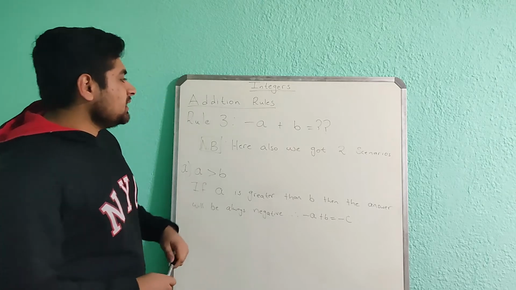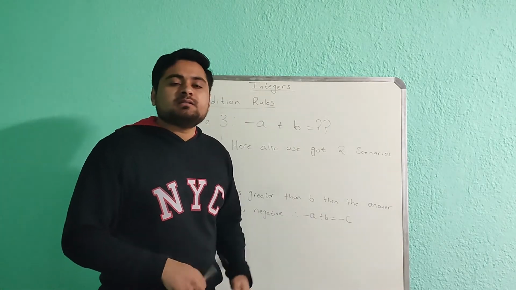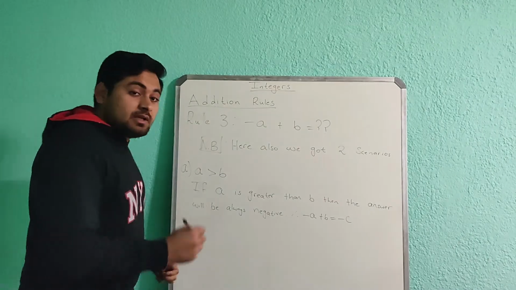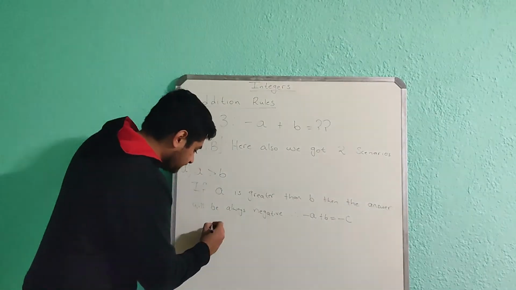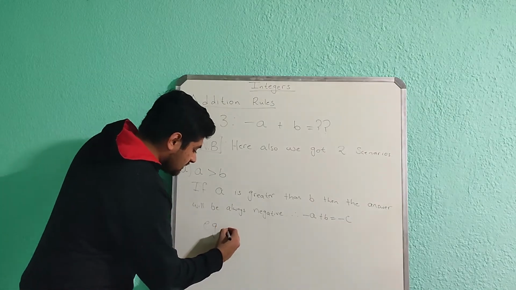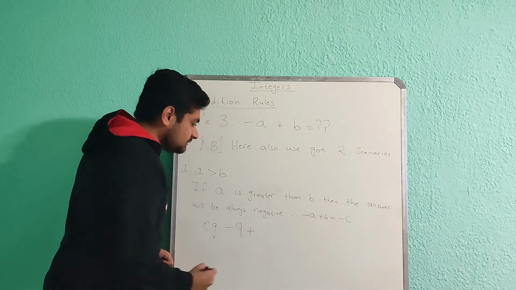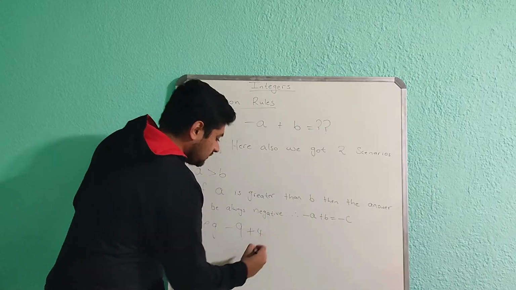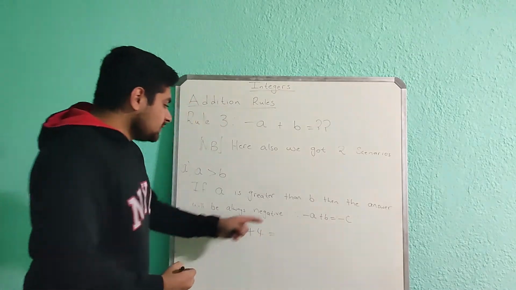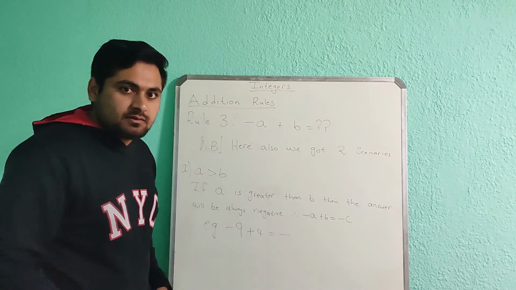So we know that minus A plus B is equal to minus C. Let's take an example and see. Let's say minus 9 plus 4. According to the rule, we already know the sign will be negative.